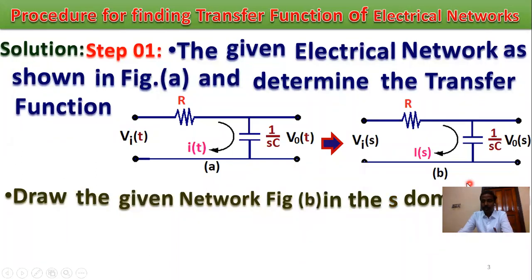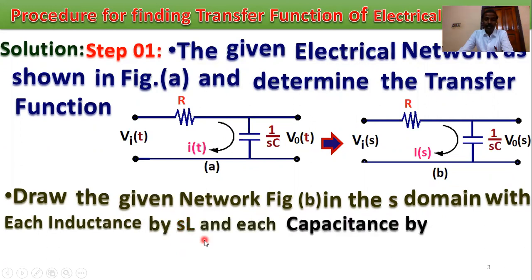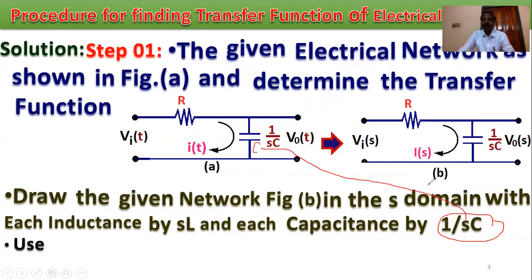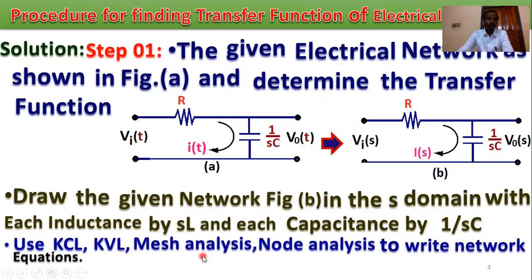In the S domain, inductance is SL and capacitance is 1 by SC. Here in this circuit, capacitance C is equivalent to 1 by SC. Next, use KCL, KVL, mesh analysis and nodal analysis to write the network equations.